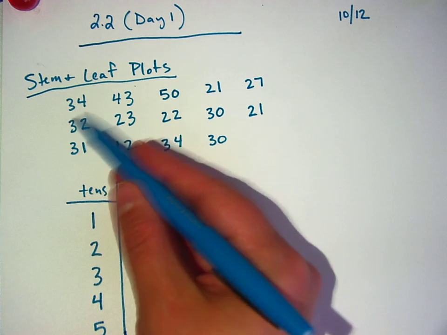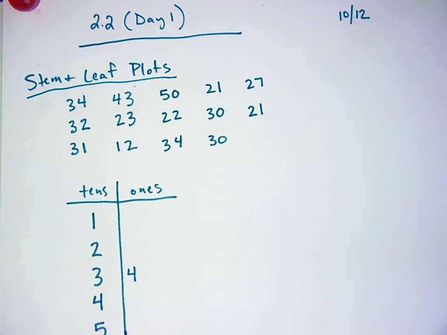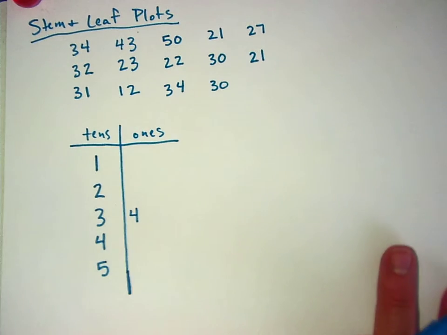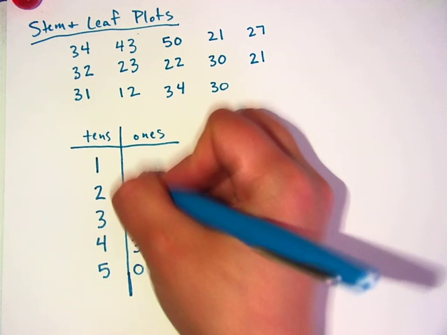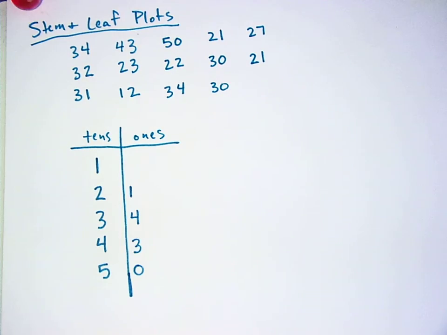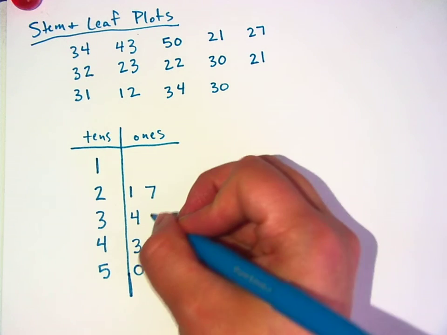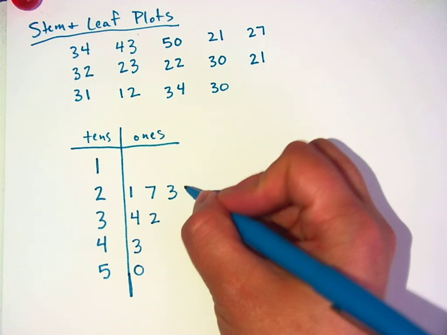And then when I start organizing this, I start putting them next to the thing. So this is 34 right there. 43, they do not need to be in order. 50, 21. You guys seeing how I'm doing this? 27, 32, 23. Go ahead and finish it on your own. Look up when you're done.